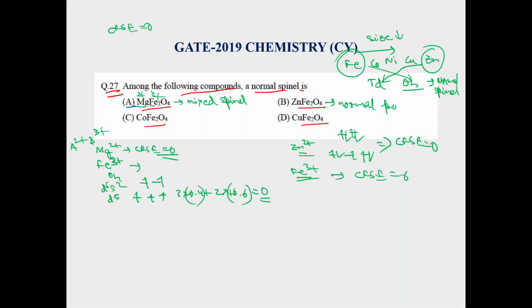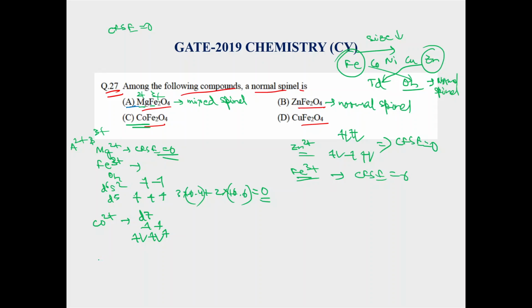Now for option number C, that is CoFe2O4. For CoFe2O4, cobalt is in plus 2 oxidation state, that is, it will be a d7 system, right? Cobalt 2 plus means it is a d7 system. Now we will calculate the crystal field stabilization energy for this, which is 1, 2, 3, 4, 5, 6, and 7.